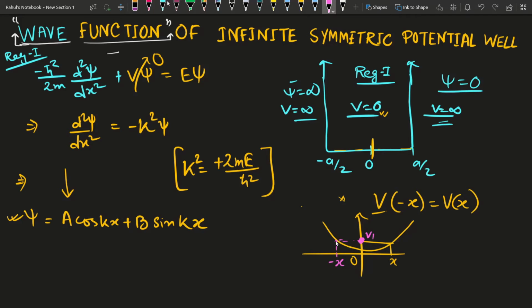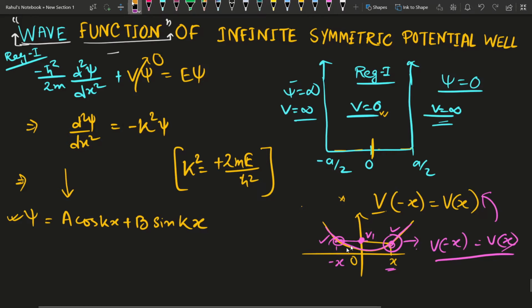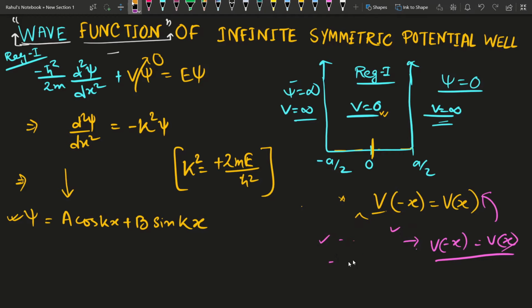That means that is the same, right? Because this potential is symmetric, the value of the potential here and here is just equal. That means V of minus x is equal to V of x, and here a similar thing is happening. So this potential is a symmetric potential. The infinite square potential is a symmetric potential.